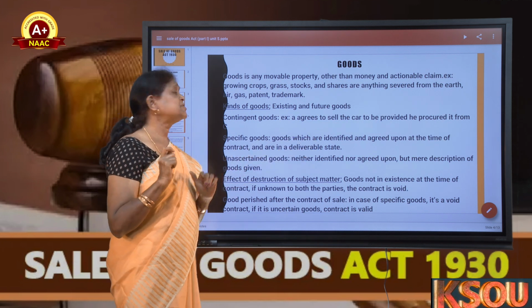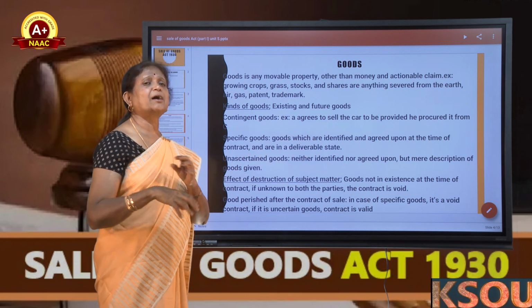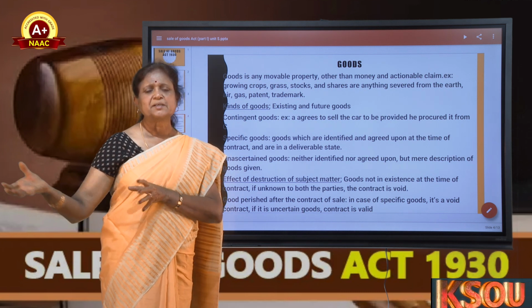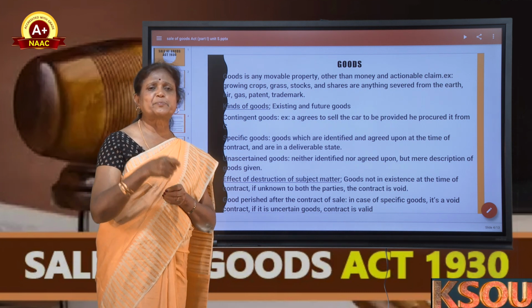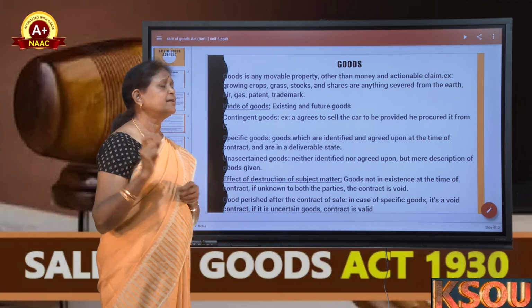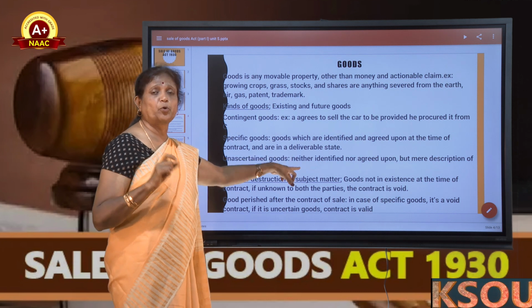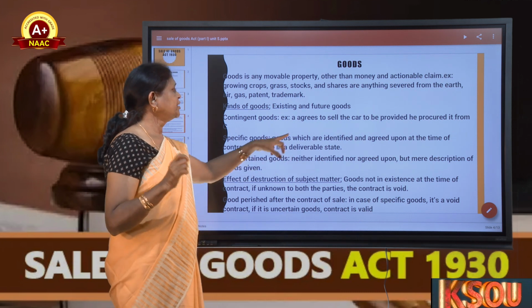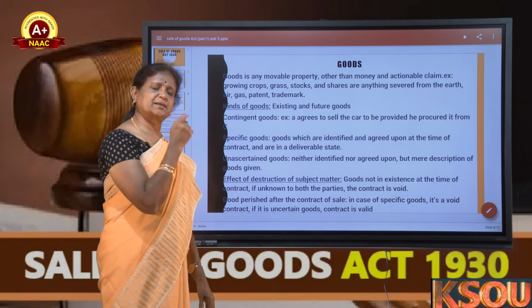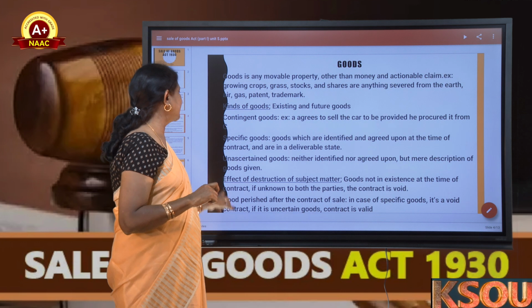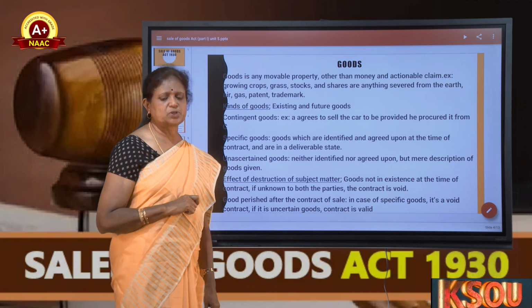That is called specific goods, and if everything has been done to make it deliverable, suppose the rice is packed, sealed and weighed, that is considered goods in a deliverable state. In such cases, any goods which have been identified and are in a deliverable state are called specific goods.